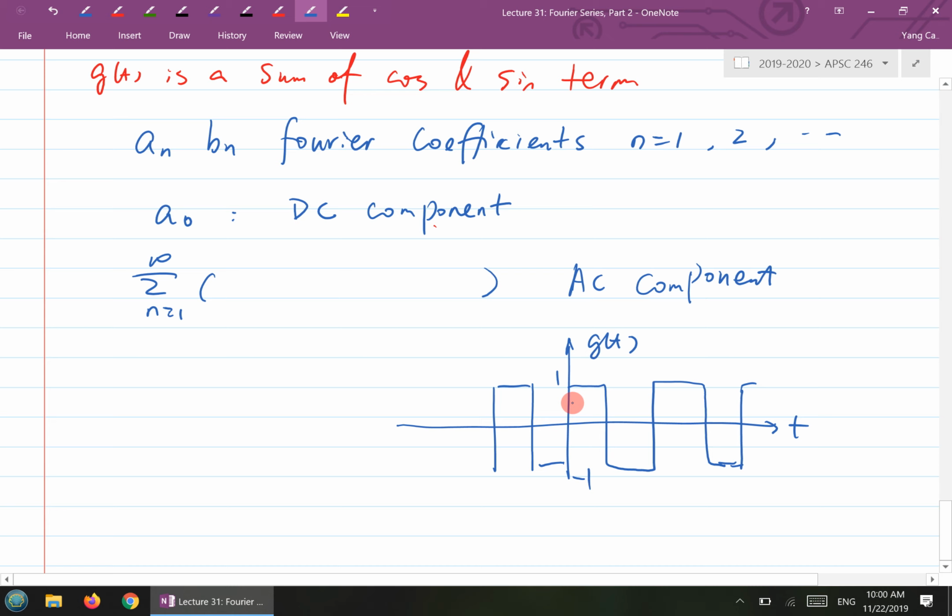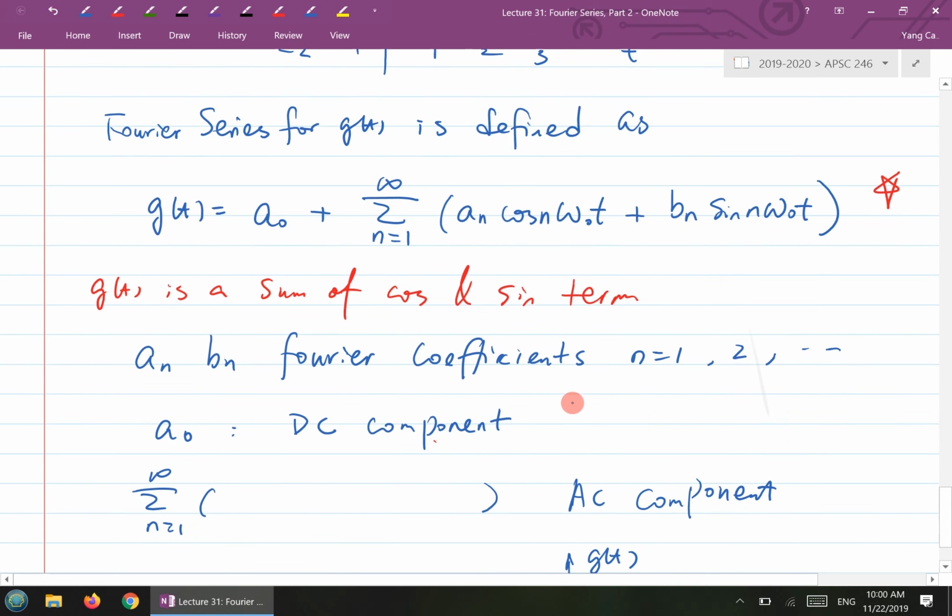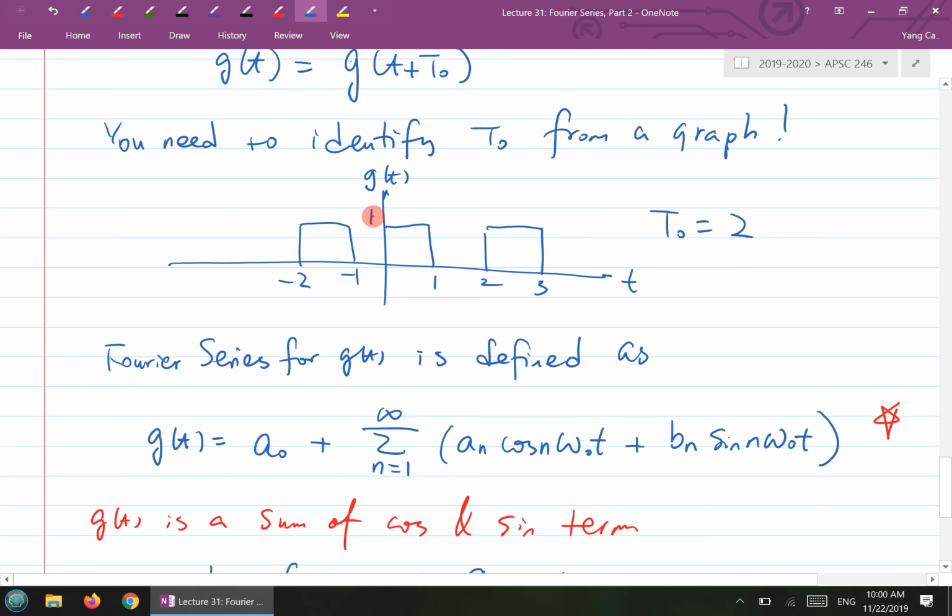There is no DC component. But if I look at this one, what is the DC component? One half, exactly. That's what AC/DC means. So this is DC. It's a straight constant value.